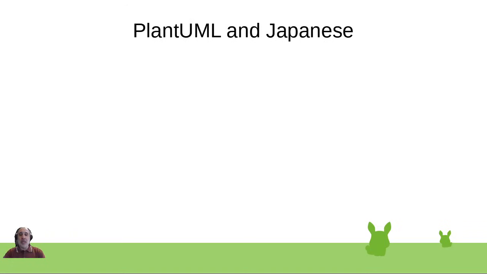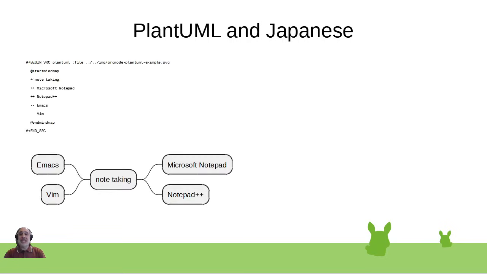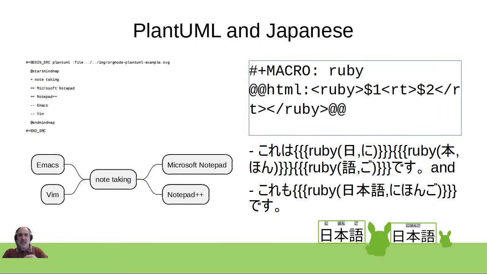Another interesting thing about Japanese is this nice macro I found in the Emacs mailing list to add furikana to Japanese kanjis when exporting or publishing to HTML. It's actually even possible to do the same with LaTeX export and publish, and I'll give you some references later.